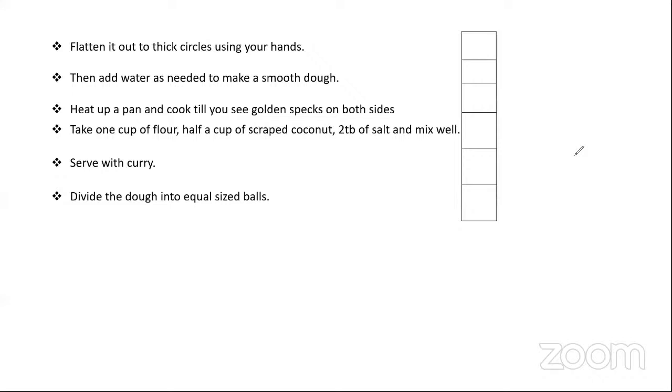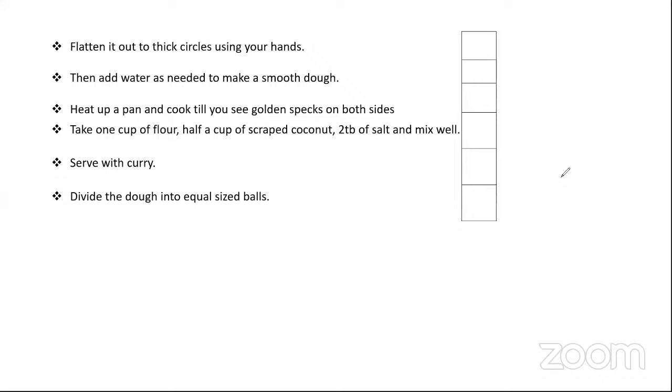Take 1 cup of flour, half a cup of scraped coconut, 2 tablespoons of salt and mix well. Now try to remember the picture, Putes. Next, serve with curry. Next one, divide the dough into equal sized balls.